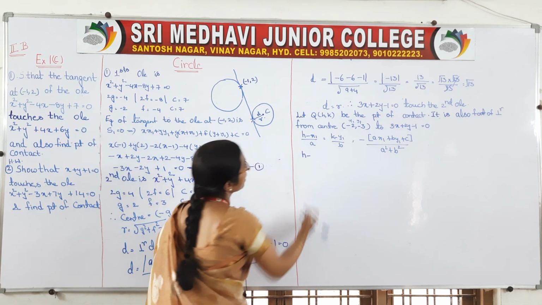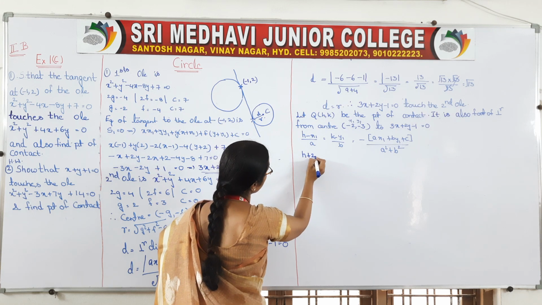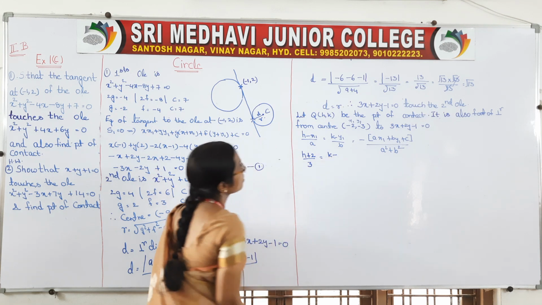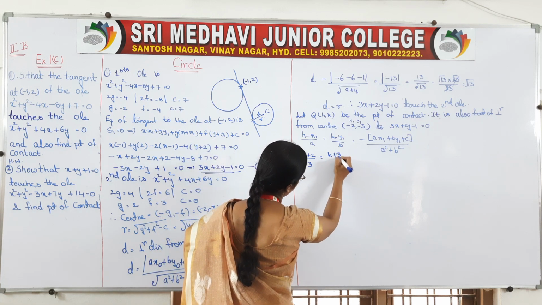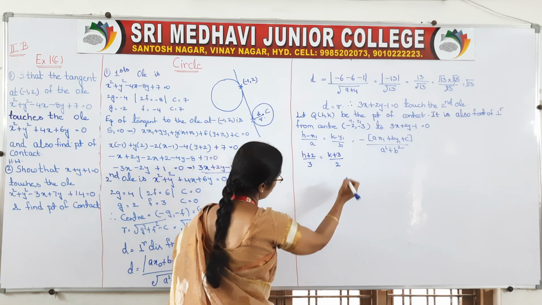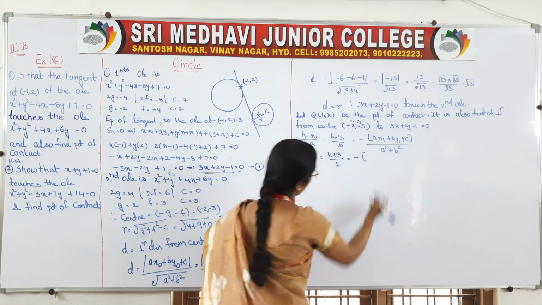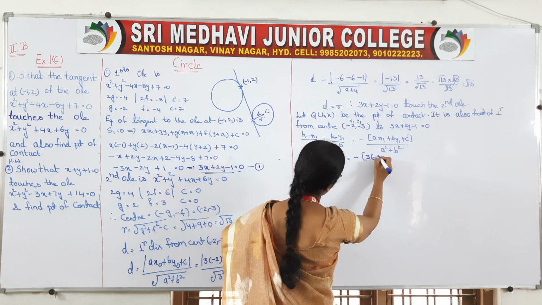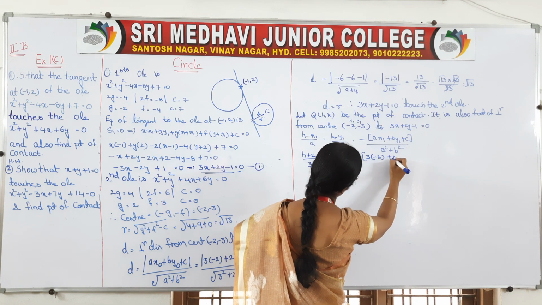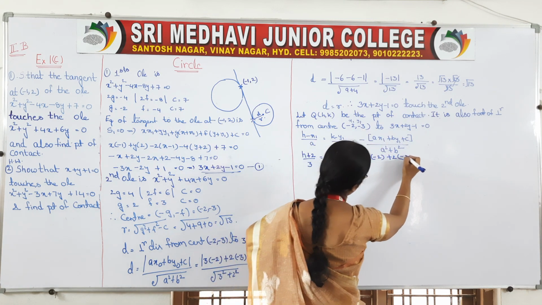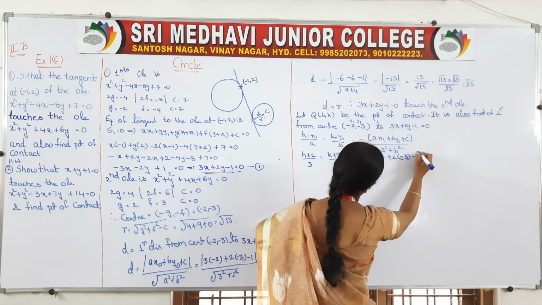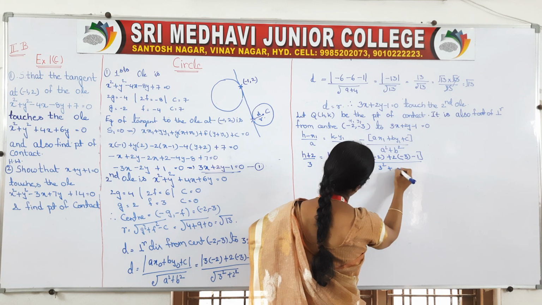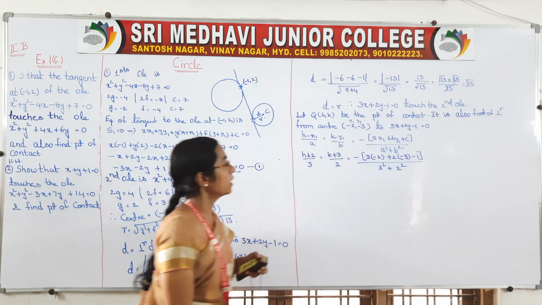Substitute: a is 3, b is 2, x1 is -2, y1 is -3, c is -1.